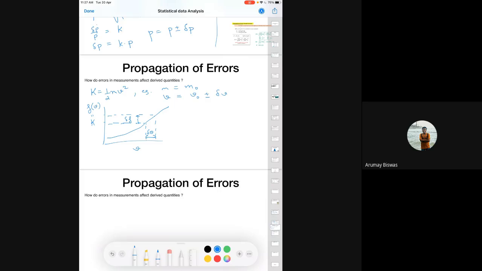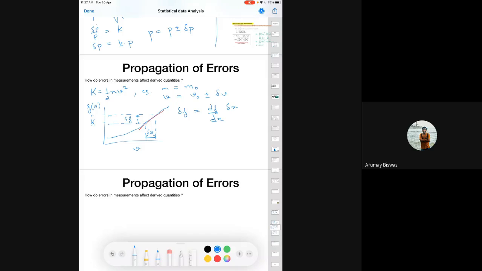And how would you express this algebraically? You can say that delta F is equal to df dx, which is the slope over here, into delta x.